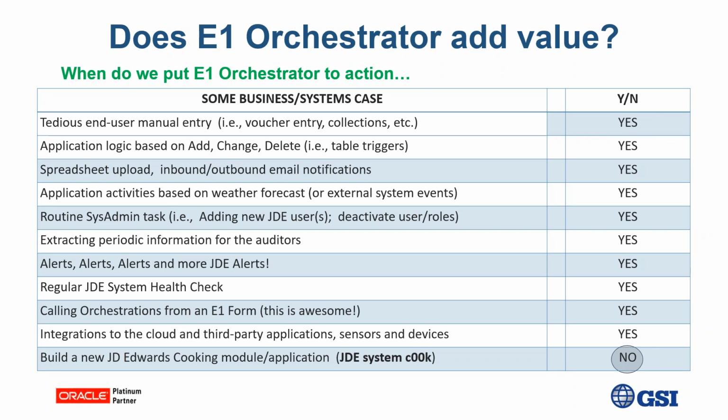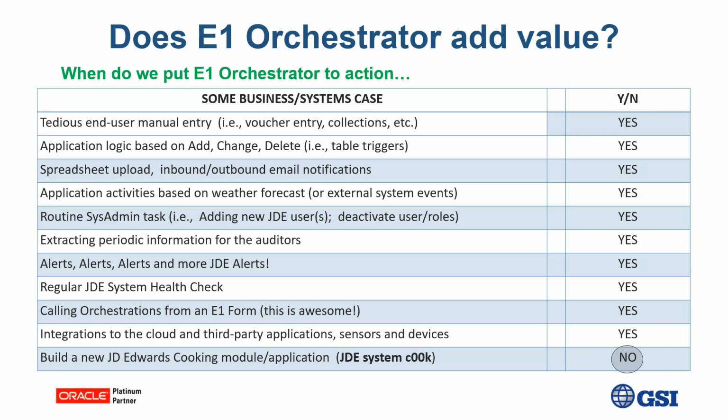I tried to come up with a sample where I can put E1 Orchestrator into action, to show people and prove that it really adds value to our business or to the way we do business. I listed 10 use cases and one wild card. There are a lot more use cases, but the samples listed here should be enough to make my point in the next several slides that I'm going to show you. The list of business and systems examples where Orchestrator adds a lot of value are way beyond this.